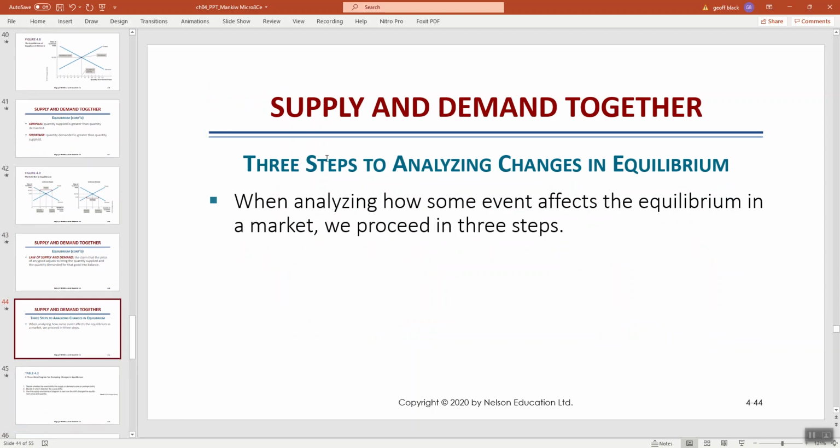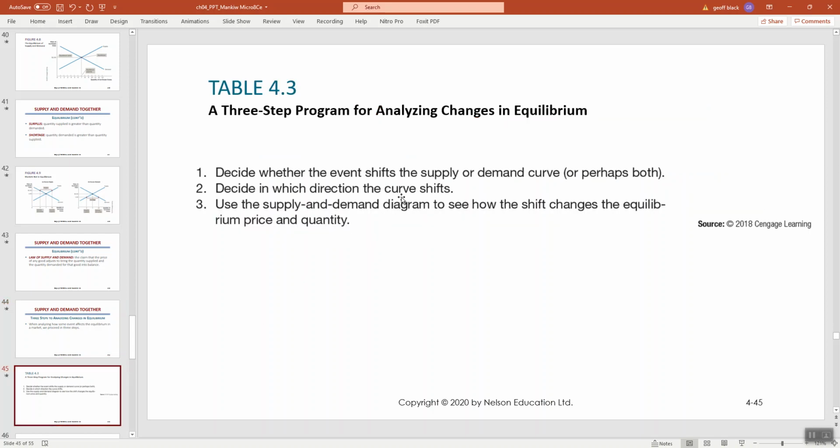Okay, so when we're looking at this model, this market, there's three steps. This is just basically a review now. Decide whether the event shifts the supply or demand. I'm going to throw events at you. I'm going to say, imagine you're in the market for ice cream and then this happens. Tell me what happens to the market. Infer what's going to change.